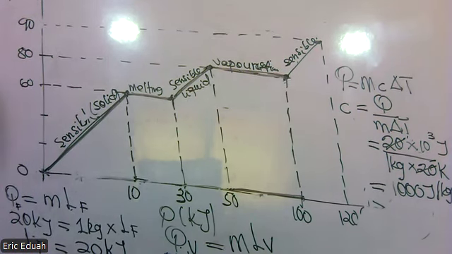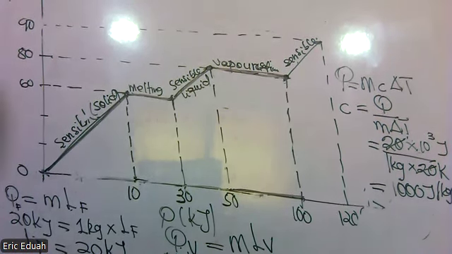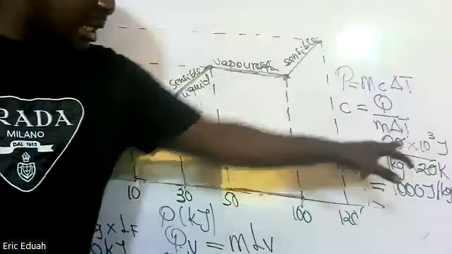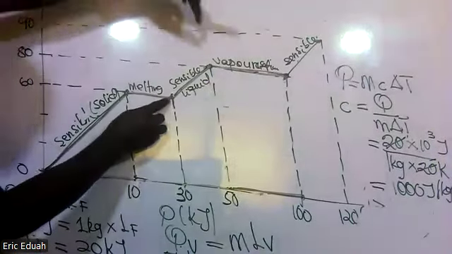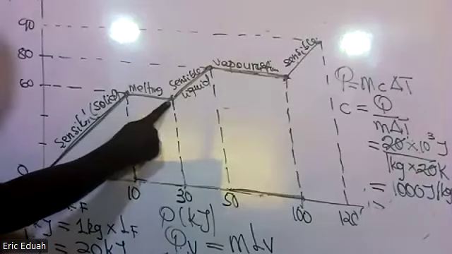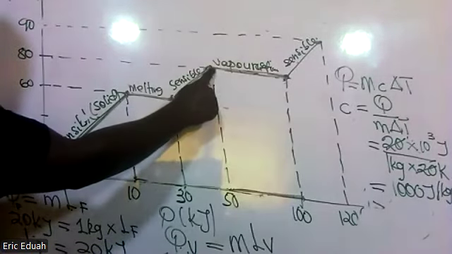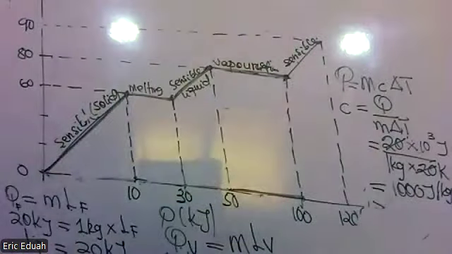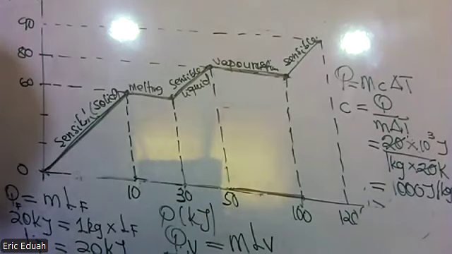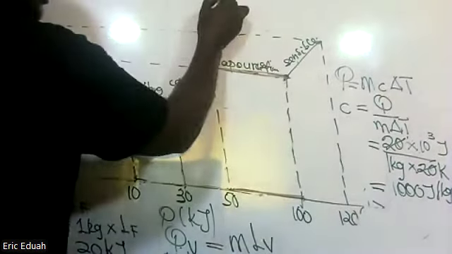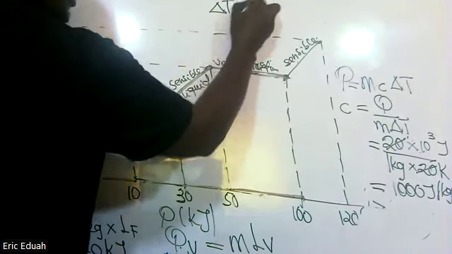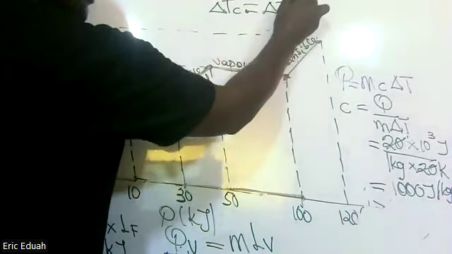Yes, Lizzie? Please, where did that 20 Kelvin come from? The change in temperature, delta T. The temperature of the substance was raised from 60 to 80. So 80 minus 60 is what gave me 20. But please do not forget that a change in temperature on the Celsius scale is equal to a change in temperature on the Kelvin scale.